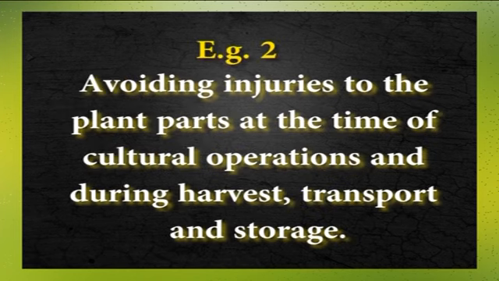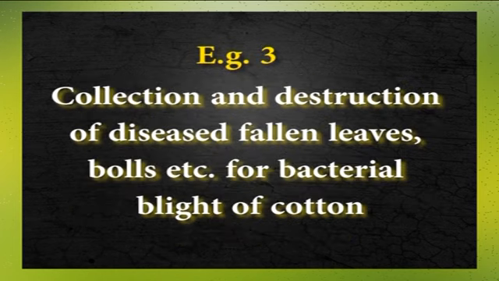Next example, avoiding injuries to the plant parts at the time of cultural operations and during harvest, transport and storage. The next example, collection and destruction of diseased fallen leaves, bolls, etc. for bacterial blight of cotton.